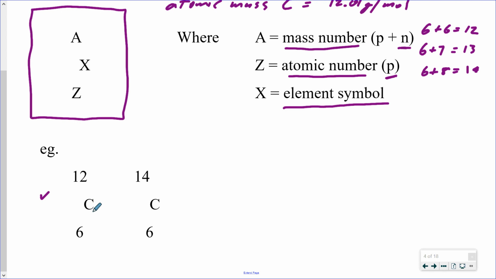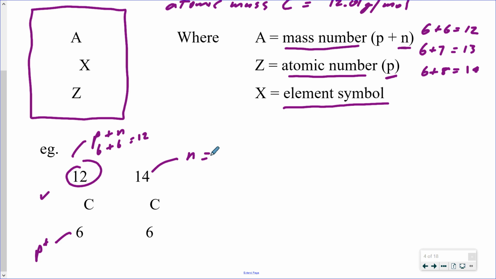So capital C for the symbol. At the lower left-hand side, again, this is the number of protons. This one at the top here is the protons plus the neutrons. So that's the 6, and it must be another 6 because we have 12. This is also carbon, 6 protons, but now we have 14. So how many neutrons are there?